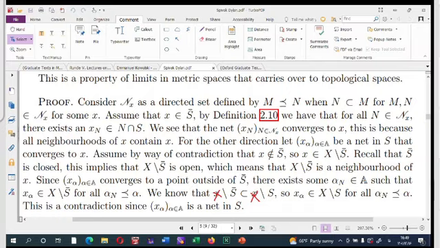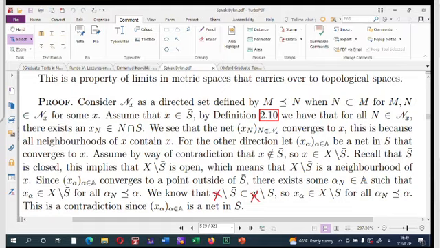We say this relation is in the opposite direction, opposite inclusion, for any M and N in N_x, for any two neighborhoods of x.